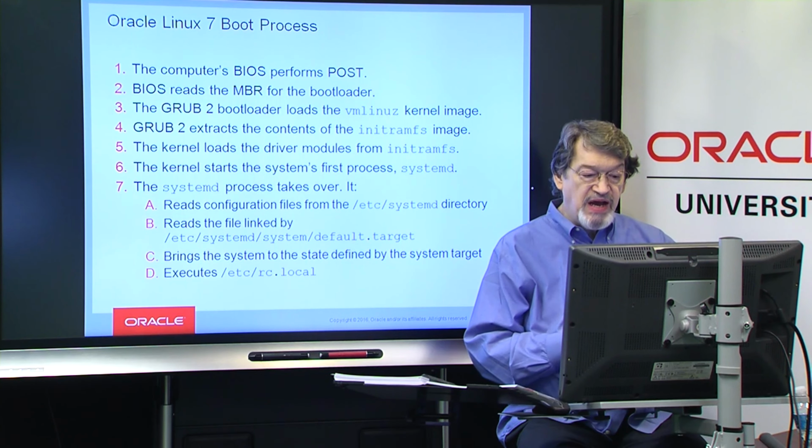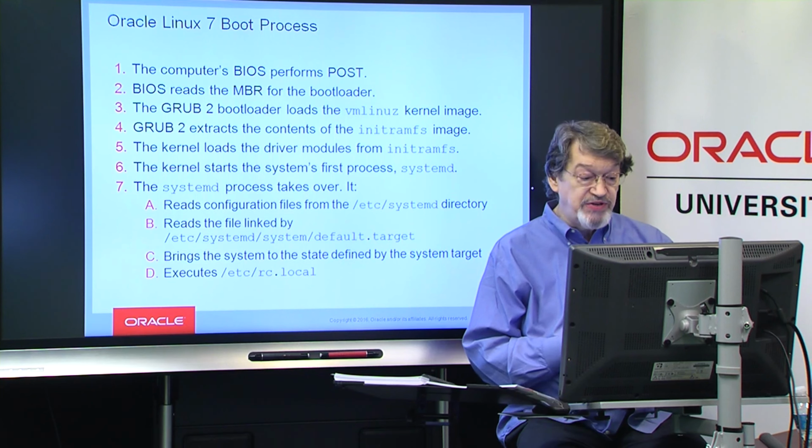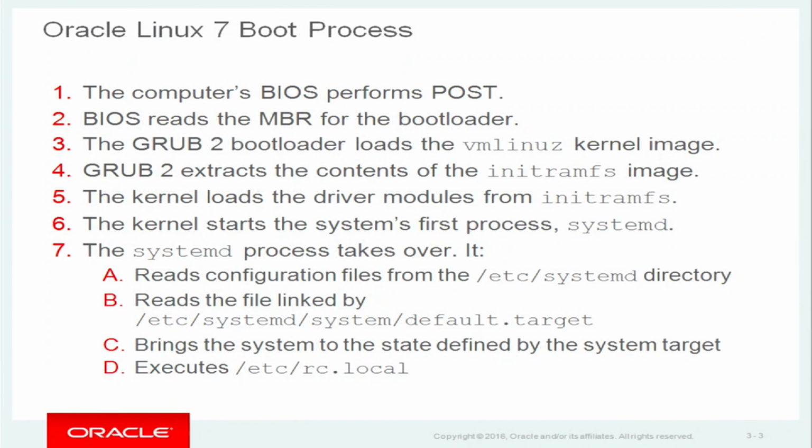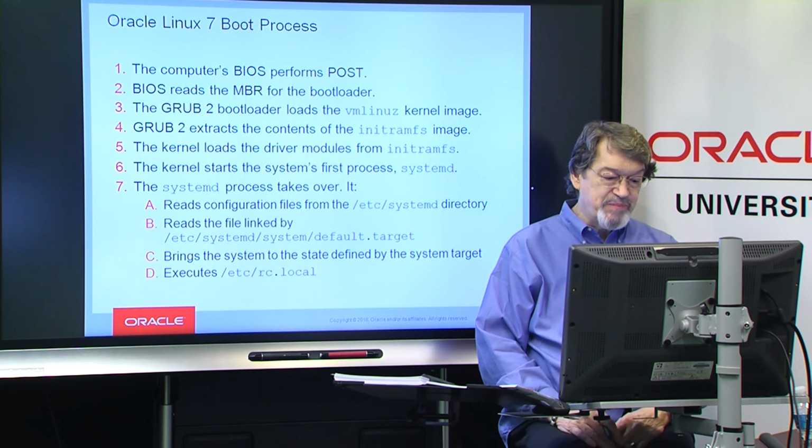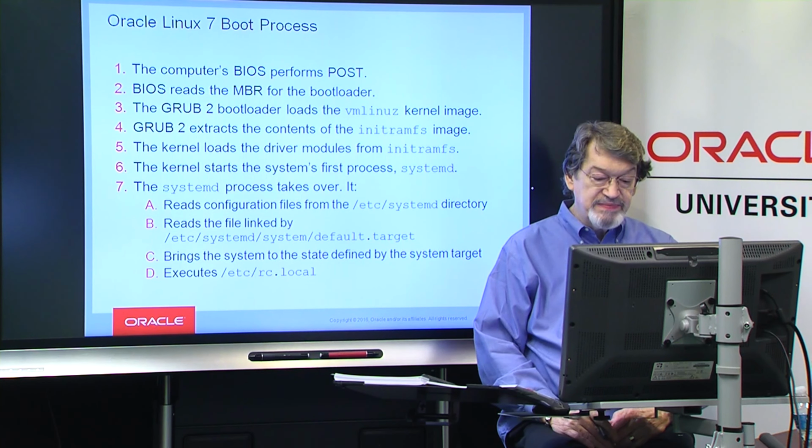It loads the vmlinuz Linux kernel image, and then it extracts the contents of an init RAM disk image. The kernel loads the driver modules from the RAM disk. The kernel starts the first system process, which is new, and that's systemd. Systemd takes over.